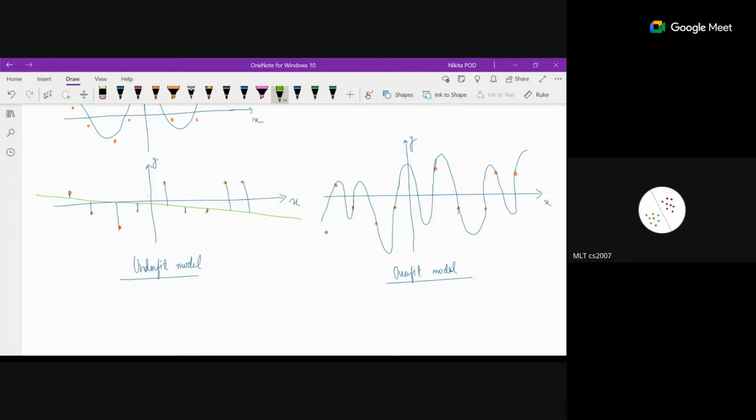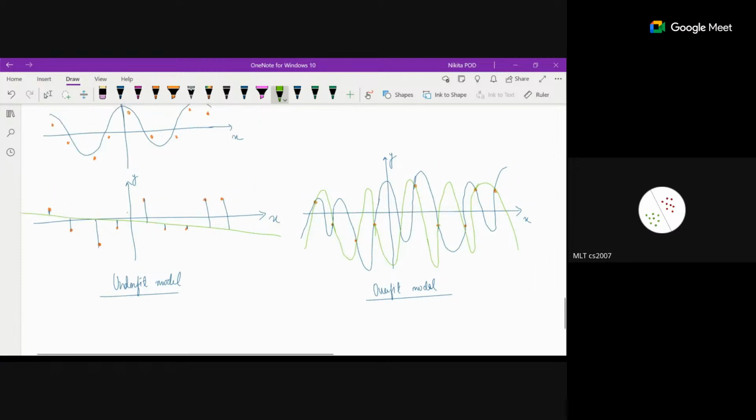Let's say this is my another model, the green curve. Again, this is an overfit model because the training error is zero.